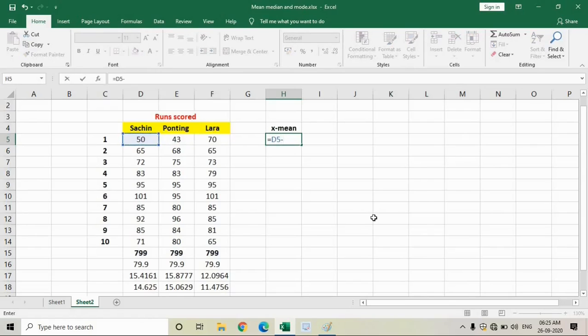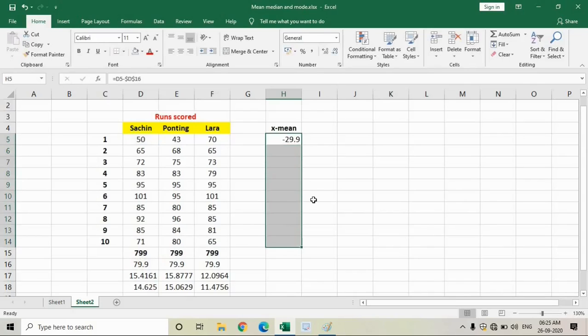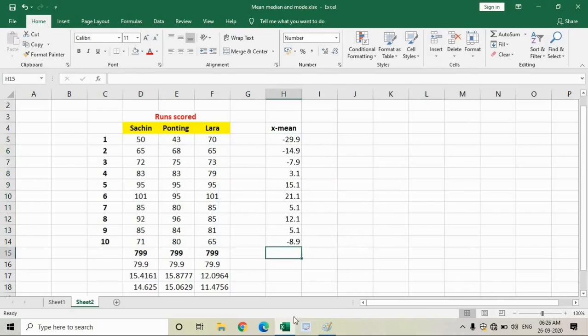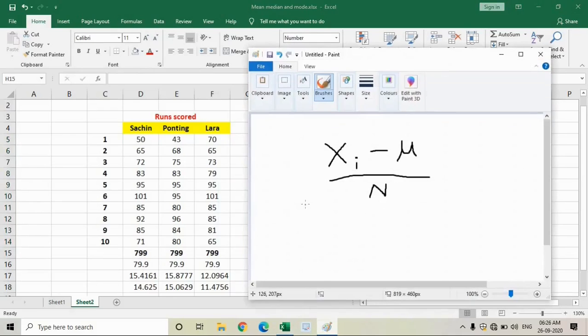D5 minus the mean value 79.9, and let's lock that value by pressing function F4, and the deviation is minus 29.9. So let's find the deviation for all the items in that series, and we need to take the summation of that.